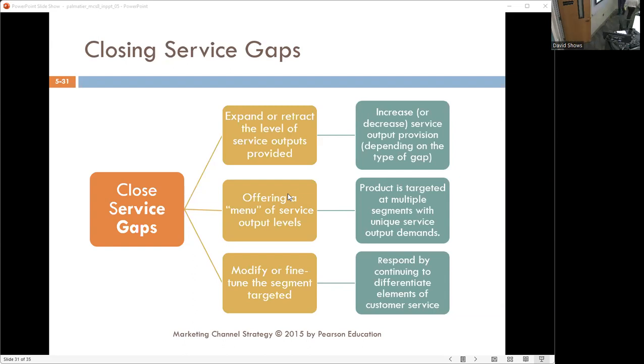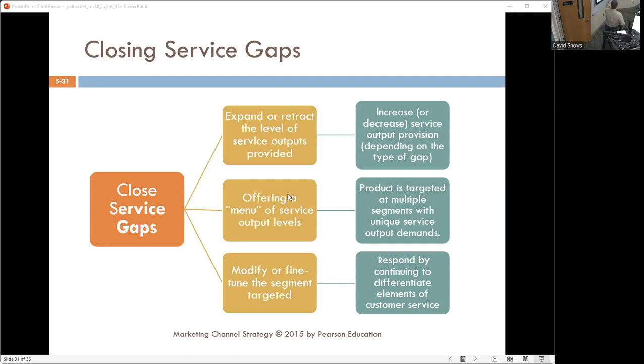And so instead of having one single store in a town, or maybe two at the max, you have red boxes everywhere. And in some places you have two red boxes. That decreases the service output of variety, but increases the service outputs of spatial convenience. It's a win situation.